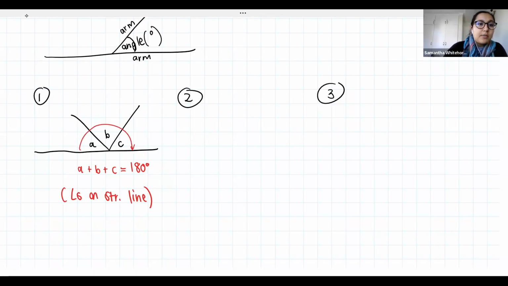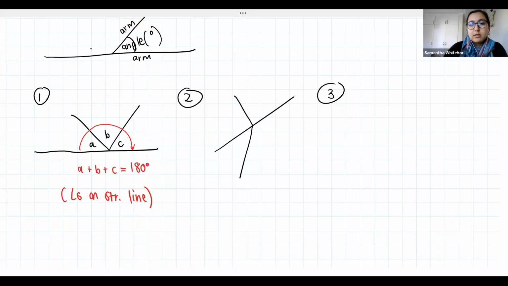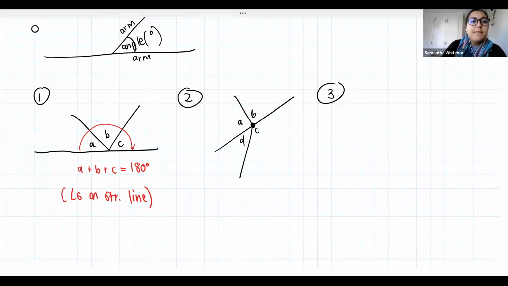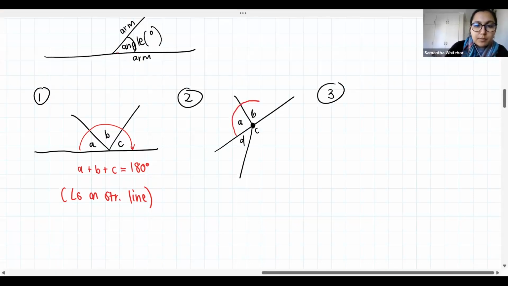If we extend that a bit more, we can have angles around a point. Let's say we've got angle A, angle B, angle C, angle D. Because they all come from a common point in the middle, if we add A plus B plus C plus D, we create a full revolution.